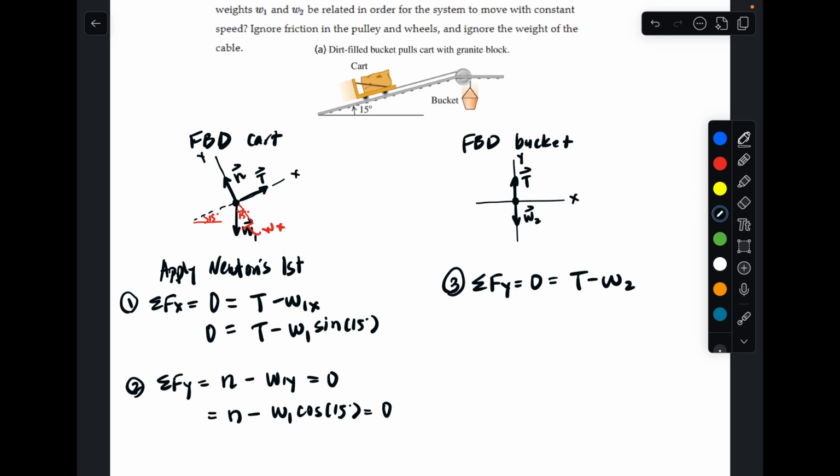So the question is, how should W1 and W2 be related? So what we could do is solve for W1 and solve for W2 and take a look at how those two functions are related to each other.